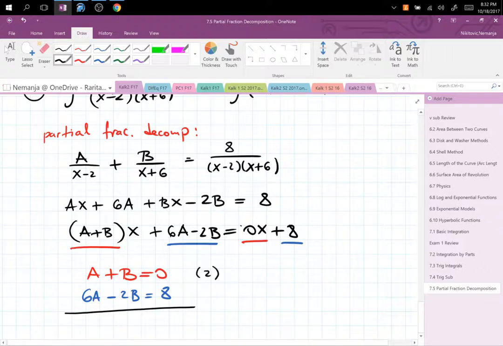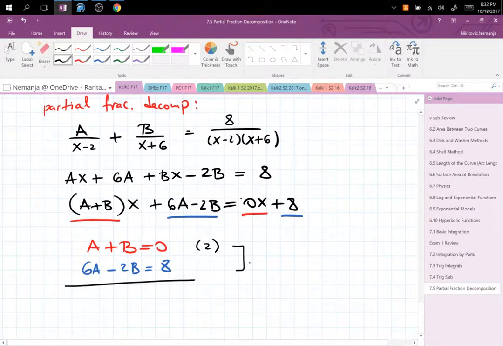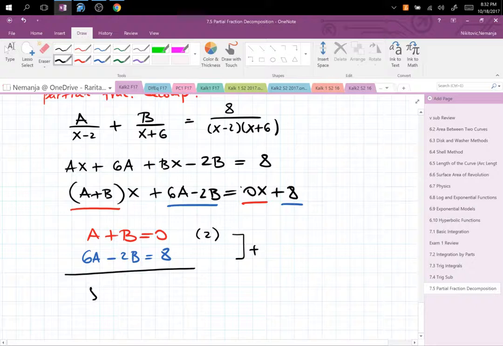Times 2 on the top equation, and then add, which gives us 8a, 2b minus 2b is gone, and then equals 8. A is equal to 1. If a is equal to 1, b must be negative 1, since they have to add to 0.